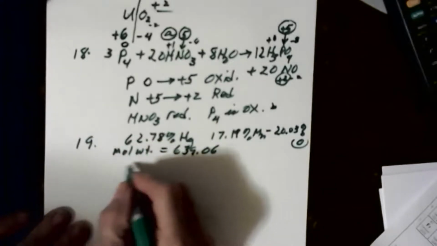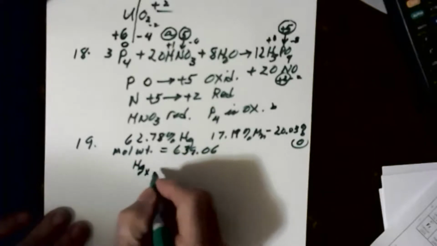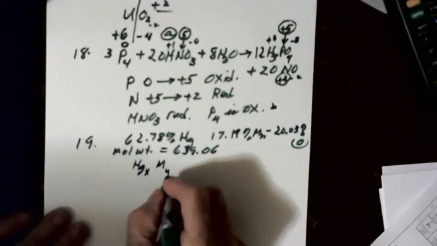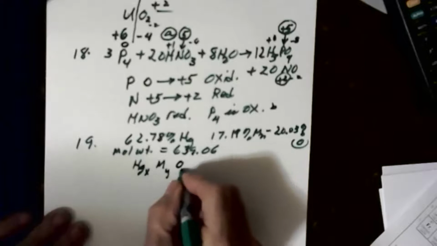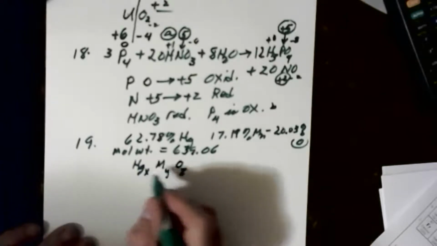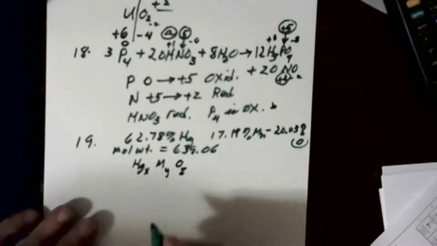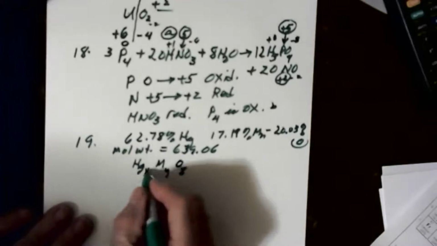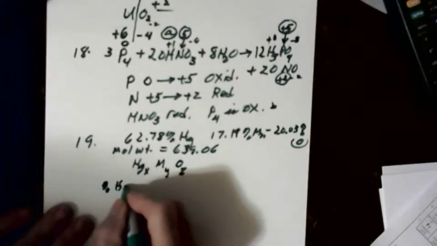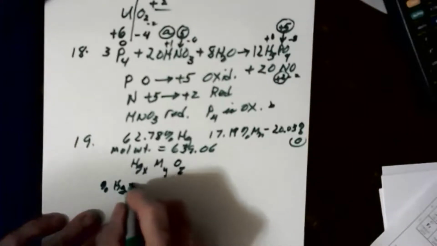I'm going to get the compound is HgxMnyOz. And my job is to determine what x, y, and z are in the formula of the compound. Now, what we're going to do is, if I wanted the percent of mercury, what would I do? I would take the mass of mercury in the compound.